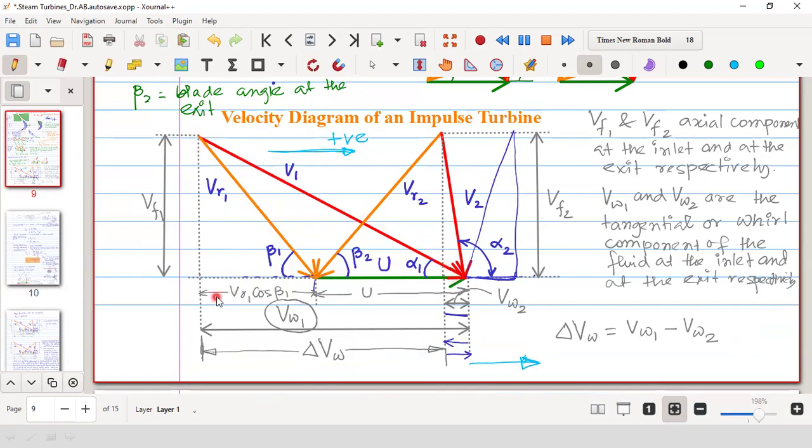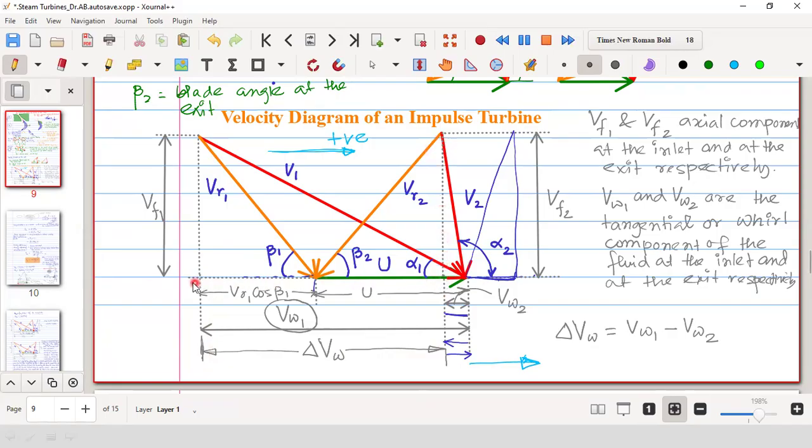So it can be written in terms of the blade angles, because blade angles are the ones which are actually fixed. So what is delta V W from this to this?